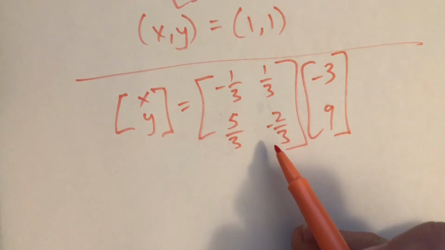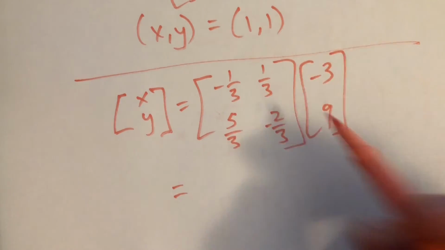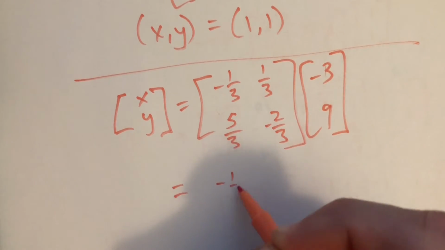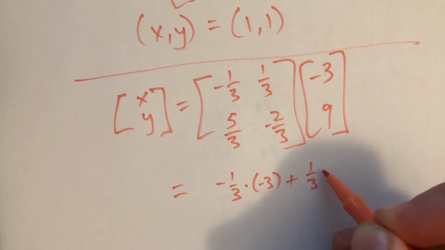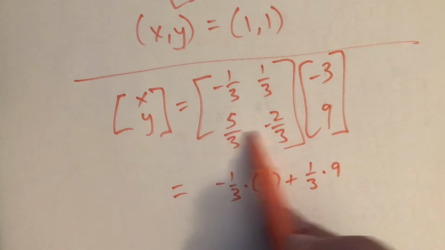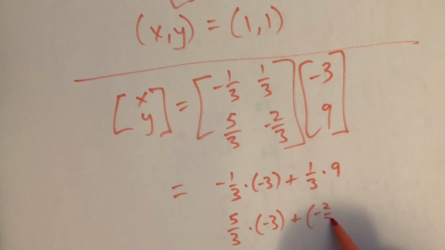So now I'm taking my third one, and this would be row times column. So I've got negative 1/3 times negative 3 plus 1/3 times 9. And then I've got 5/3 times negative 3 plus negative 2/3 times 9.